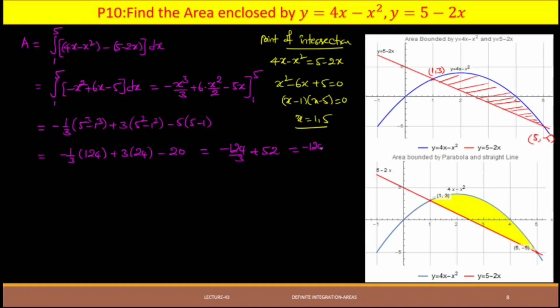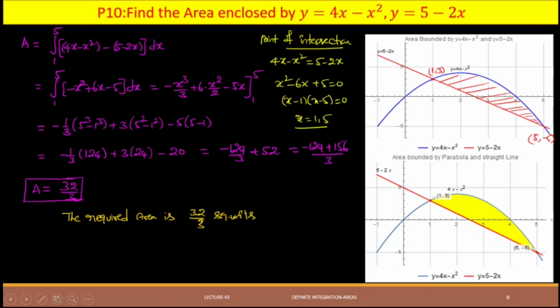So it is minus 124 plus 156, divided by 3, which gives 32 by 3 square units. So the required area is 32 by 3 square units.